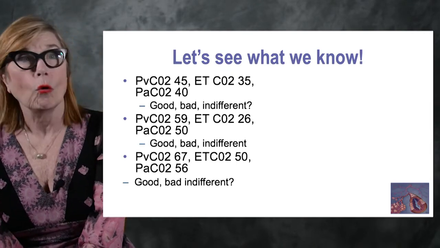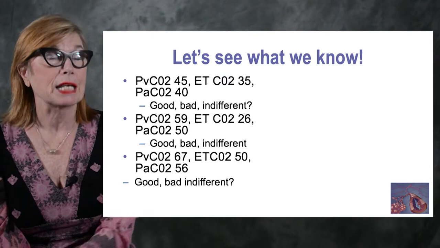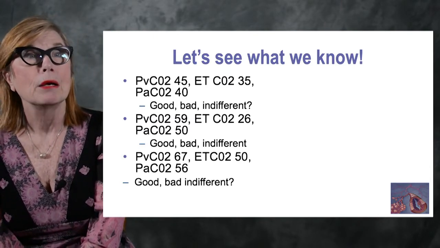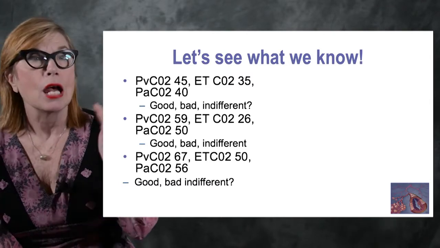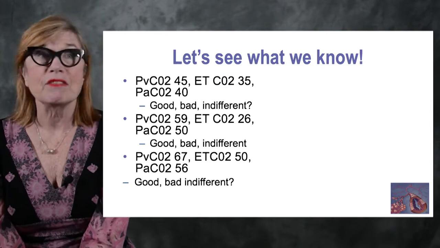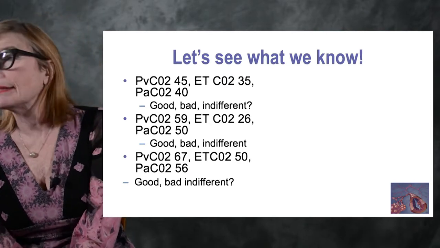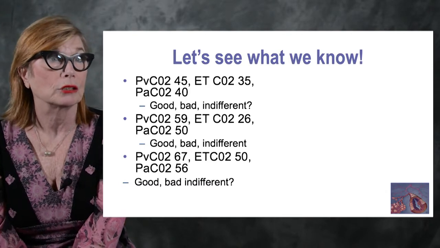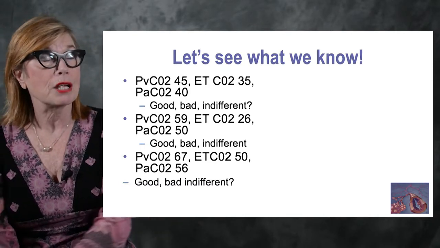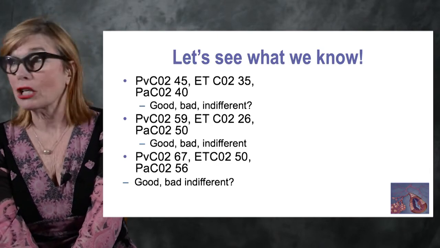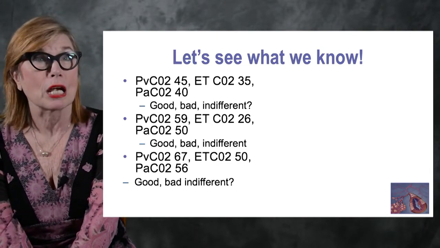Good, bad, or indifferent. PvCO2 59 and tidal CO2 26, PaCO2 50. Good, bad, indifferent. And then last, PvCO2 67 and tidal CO2 50 and PaCO2 56. Good, bad, or indifferent. Pull out your calculator, or really just look at those three in relationship.